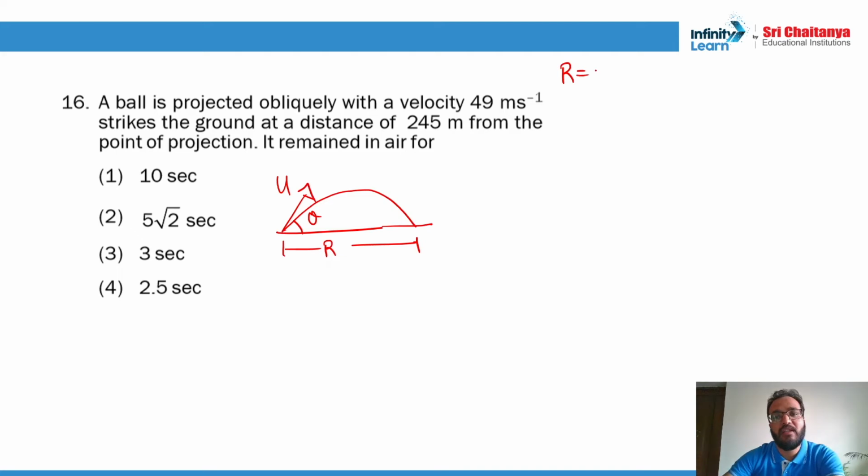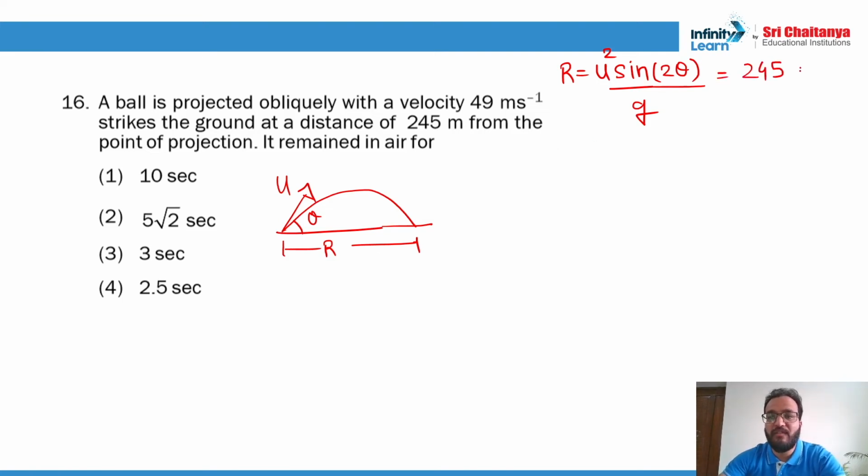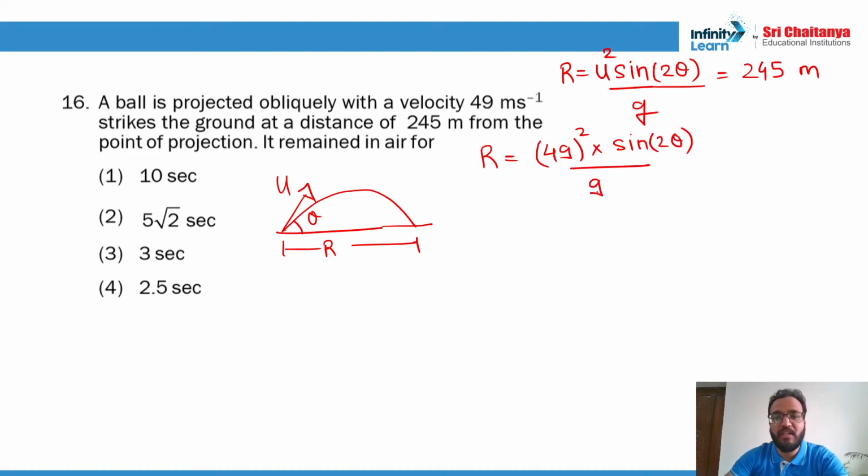So you will say, sir, range is u squared sine 2 theta by g, is the formula for range, and it is given as 245 meters. What is u? 49, so 49 whole squared into sine 2 theta upon g, which is 9.8, is equal to 245.